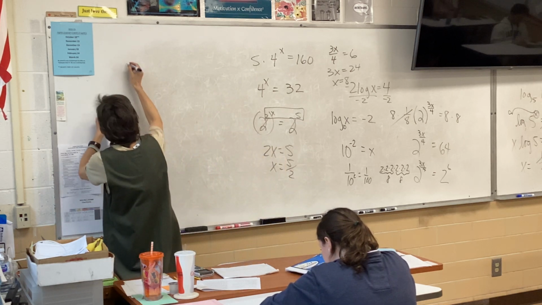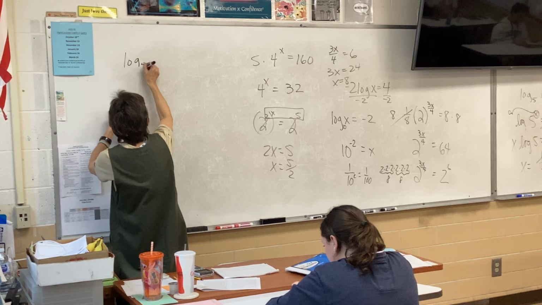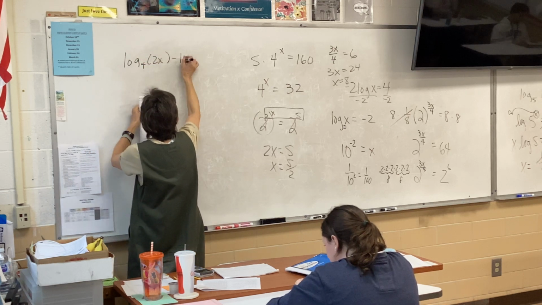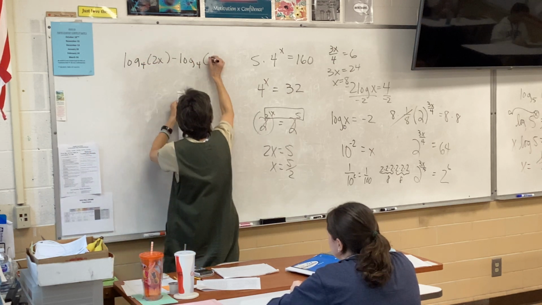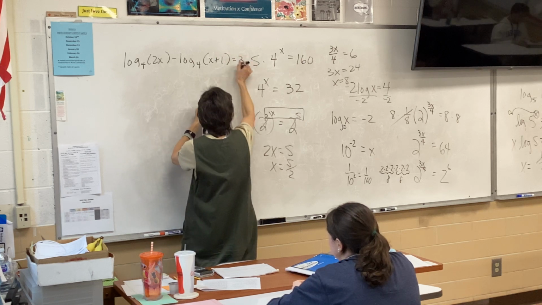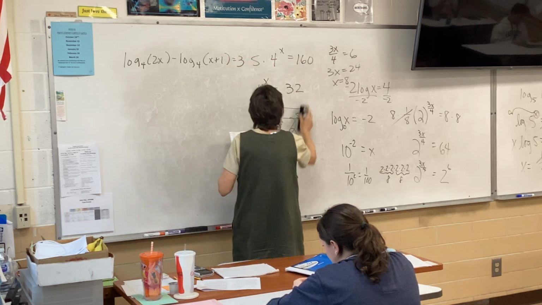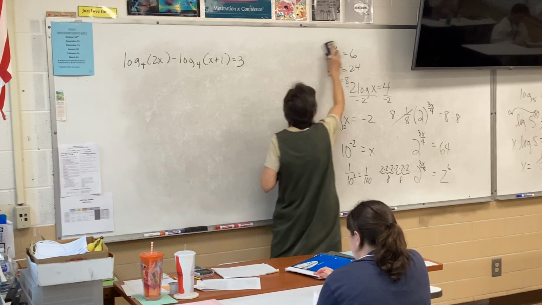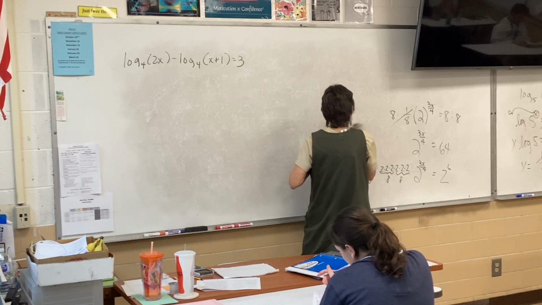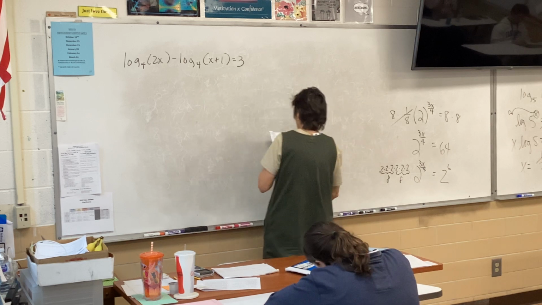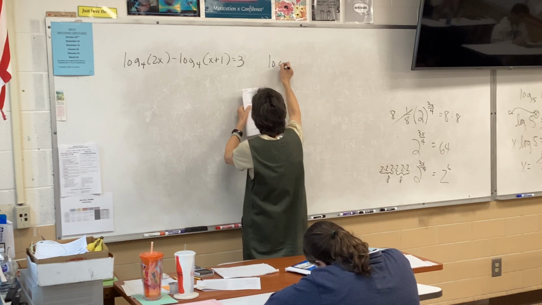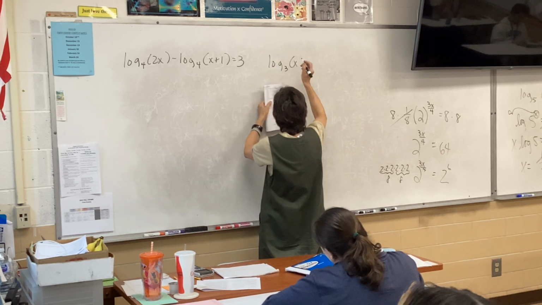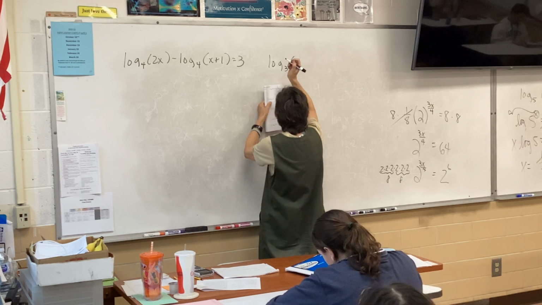Alright, some of these are a little bit bigger. What do you think about these first two? How am I gonna begin these guys? I have to combine the logs on the left side.